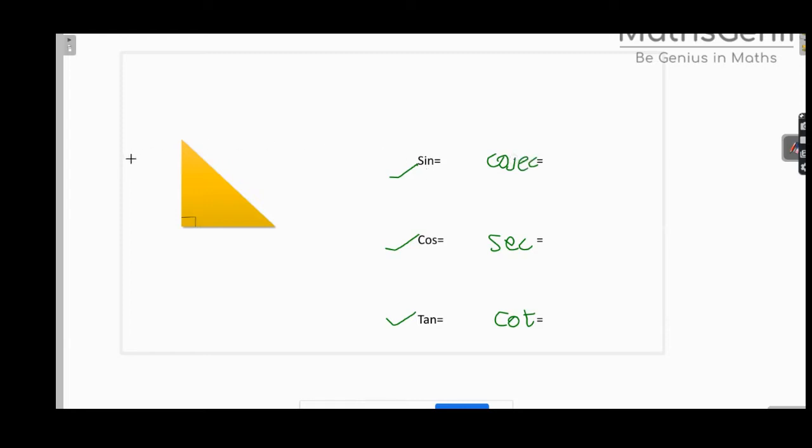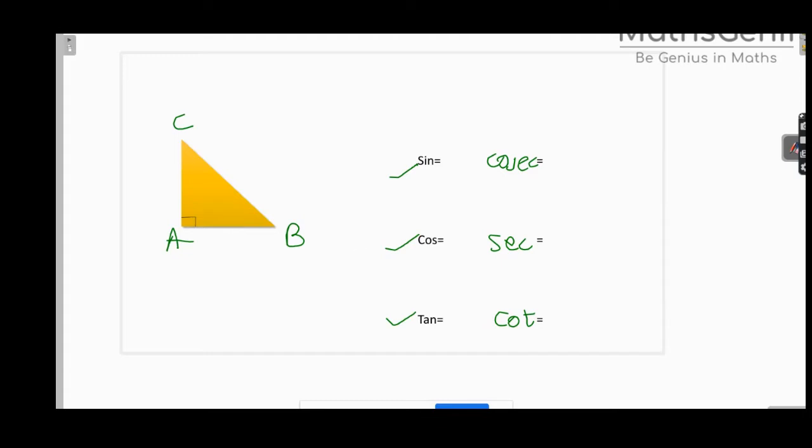Clear? Now, let's look at the theta. Suppose this is A, this is B, and this is C. So, it is applicable in this type of triangle. Now, I will tell you a formula of how to remember it.